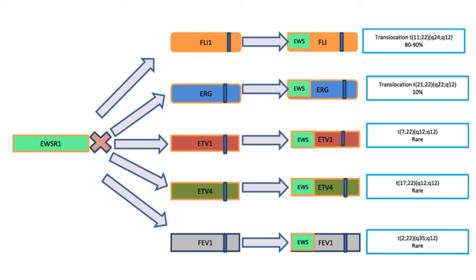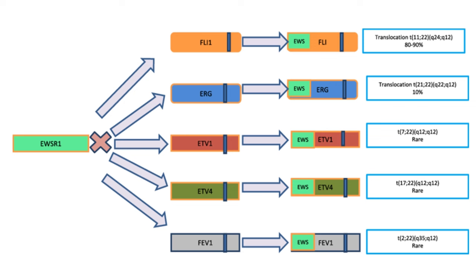There may be the FLI1 transcript, which is most commonly found in 80 to 90% of cases. There may be the ERG transcript giving rise to the EWS-ERG transcript in 10% of cases. There may be EWSR1-ETV1, which is very rare. There may be ETV4 and FEV transcripts. These last three are very rare ones.